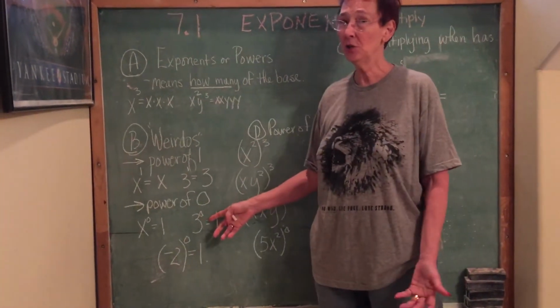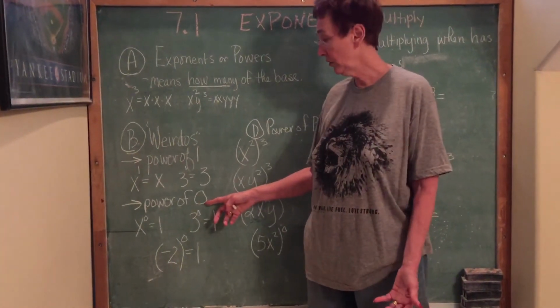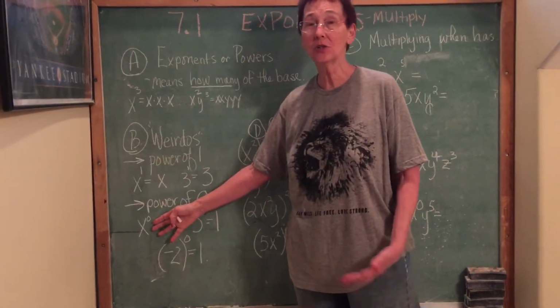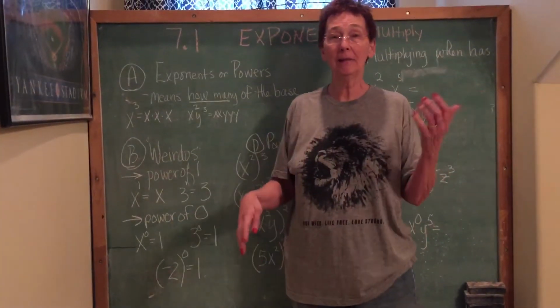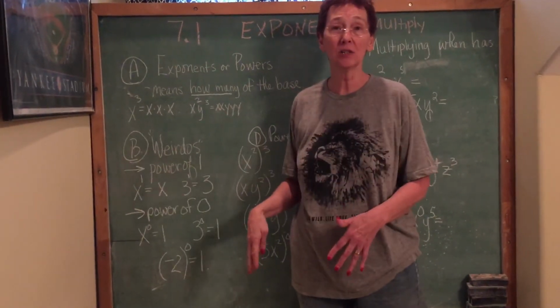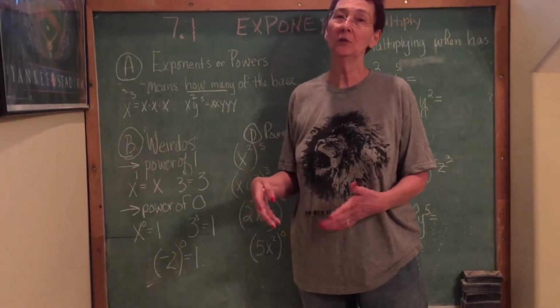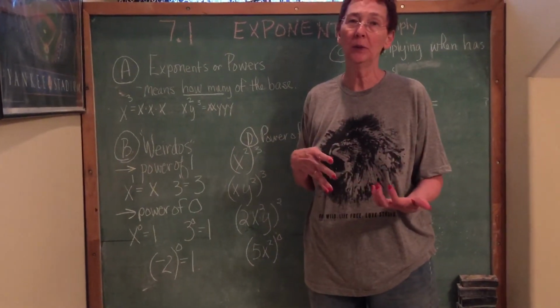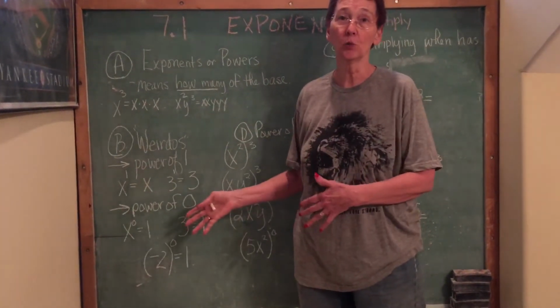Now, the one that's unusual is what if it's a power of 0? For example, if I have x to the 0 power. Well, that meant that when you were factoring and canceling stuff out, all of the x's went away. Remember, when you did that, if everything went away when you multiplied, it turned into just 1.